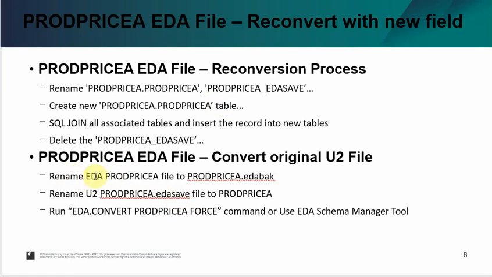You just need to rename the previous EDA file to something like backup, and rename the .eda save file, which is the original data, back to the regular original universe file to do the reconversion process. Sometimes the second option is faster than the first option.